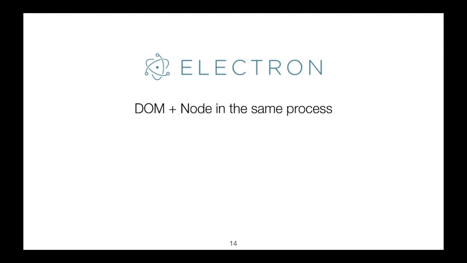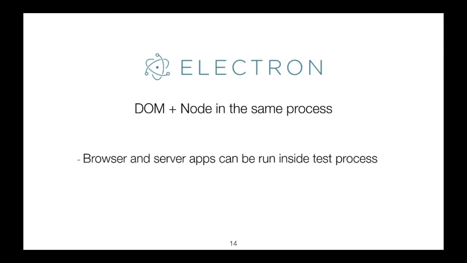What that means in terms of testing, well, first of all, we can start a test where both sides of our application, server and client, run in the same process, and the test as well. And it also means, since it's the Node API, all your imports and requires, everything works. You don't need to bundle anything, which makes things faster.